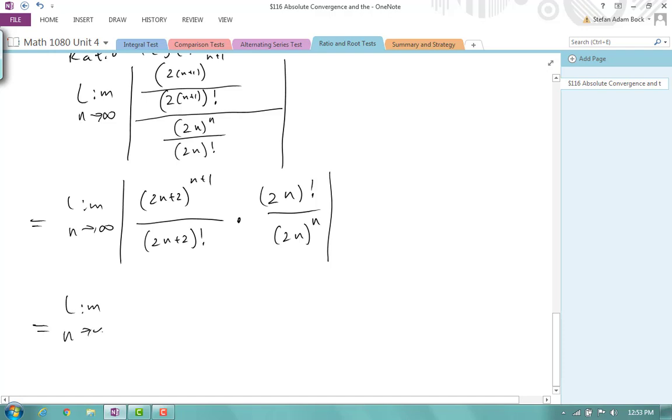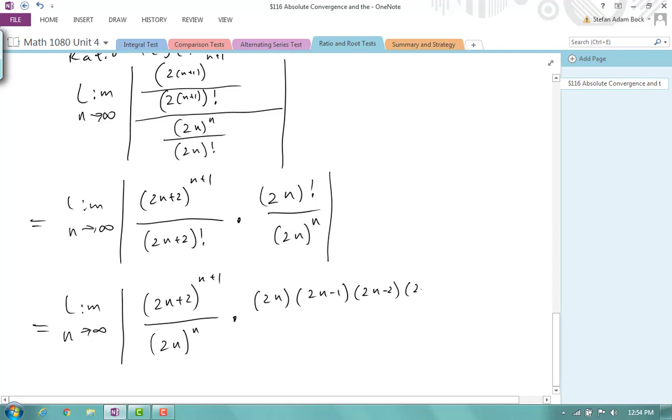So what I'll do is I'll try to write out the factorials a little bit. I'll have 2n plus 2 to the n plus 1 divided by 2n to the n, and I'll match the factorials together. So this is 2n times 2n minus 1 times 2n minus 2 times 2n minus 3, dot dot dot, all the way down until 1. Let me write that. It's 3 times 2 times 1.